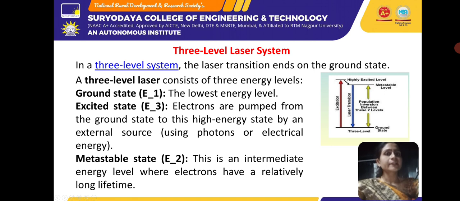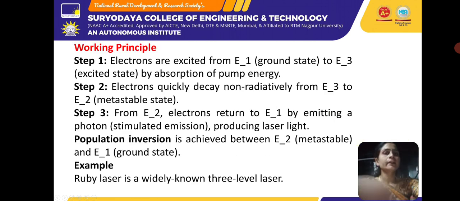E1 is the ground state and E2 is the metastable state, where the atom can stay for a short period, that is 10 to the power minus 6 to 10 to the power minus 3 second. That state we call the metastable state. Then the excited state: here electrons are pumped from the ground state to the high energy state by an external source, using photons or electrical energy.